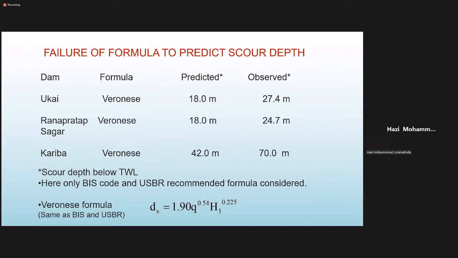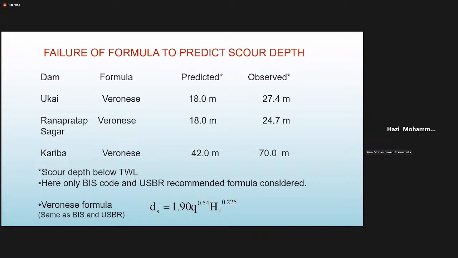I forgot to share this video clip with Dr. Mehta. Okay, I will share. Okay, you can see. In the case of Ukai Dam, the observed scour was 27 meters, whereas the prediction was 18 meters only. So what happened? Under-prediction, right? 27.4 is very high. In the case of Rana Pratap Sagar, same, no, 18 meters was given, but the observed scour is much higher.